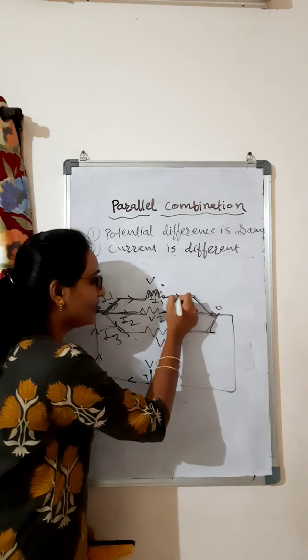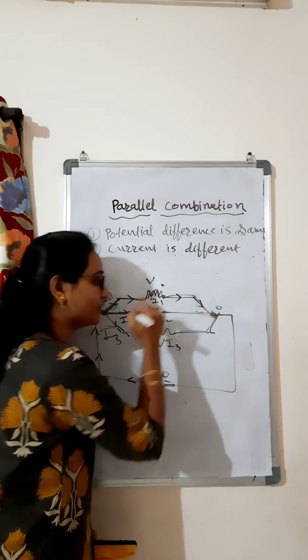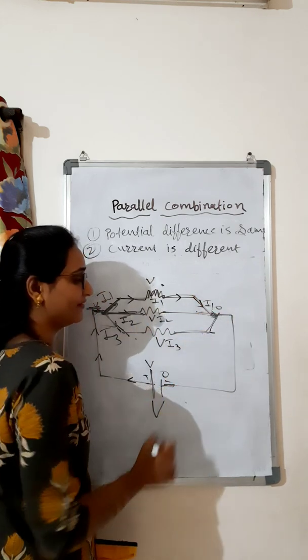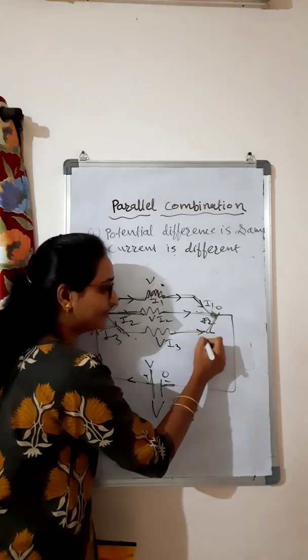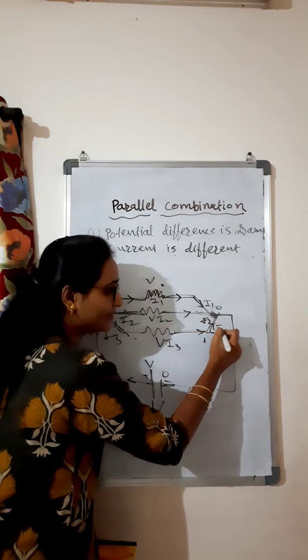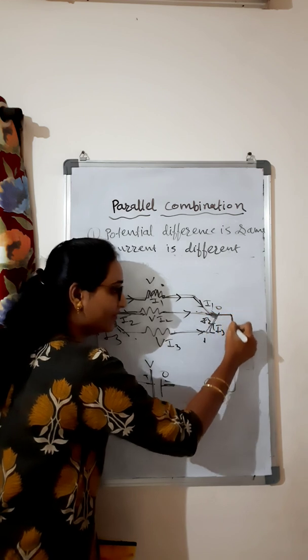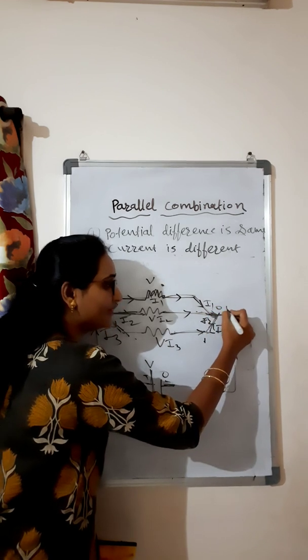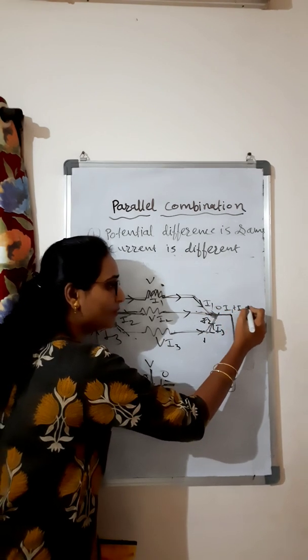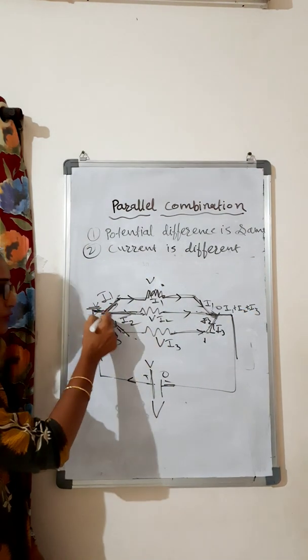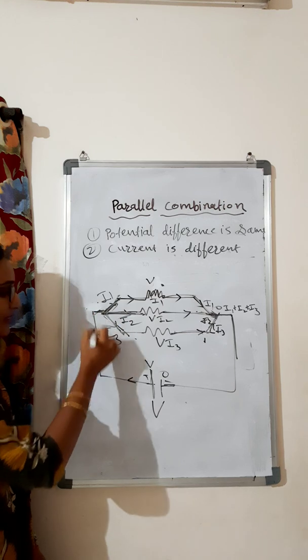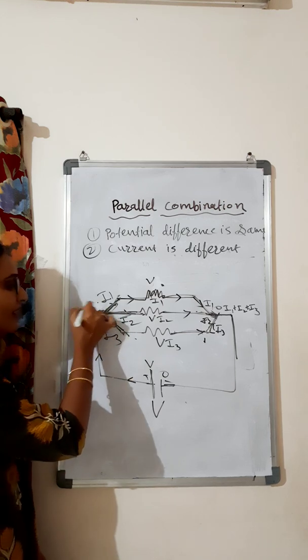After that you see, I1 current came from here, and also I1 from here. From here I2 came, then from here I3 came. Means when the current comes out, which current will come? I1 plus I2 plus I3. That I1 plus I2 plus I3 is what? From here how much current is coming? I current.